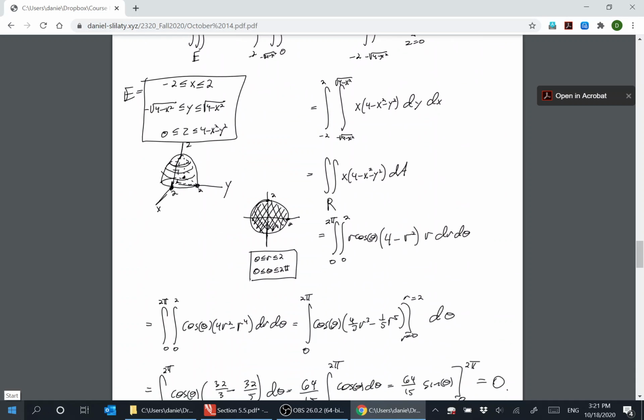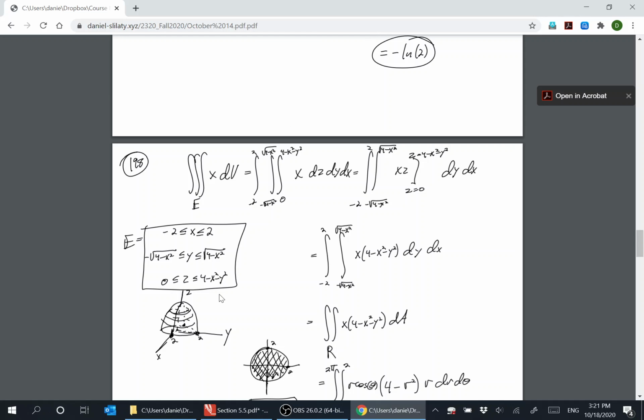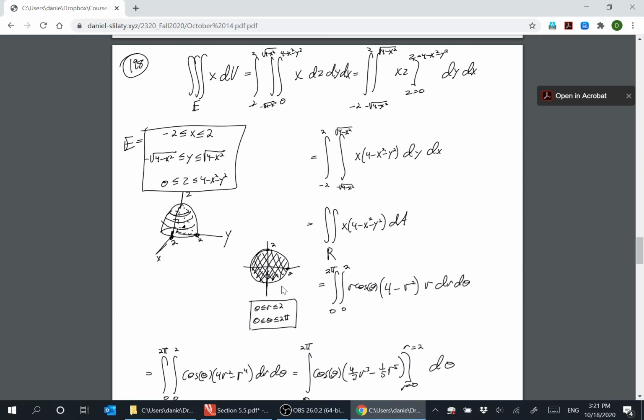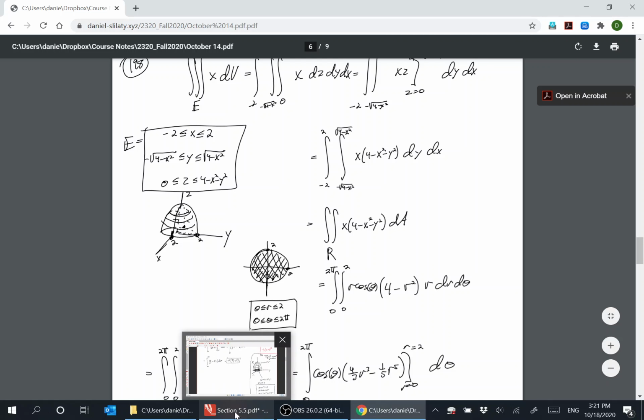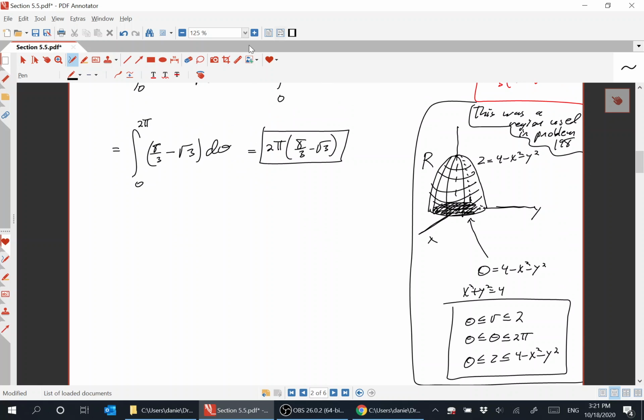There it is. So that was before we learned about doing integrals in cylindrical coordinates, but we actually did use it. So that's number 198. Let me present that separately.